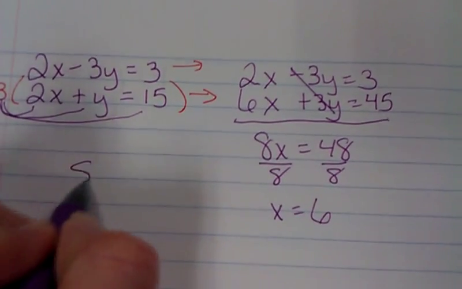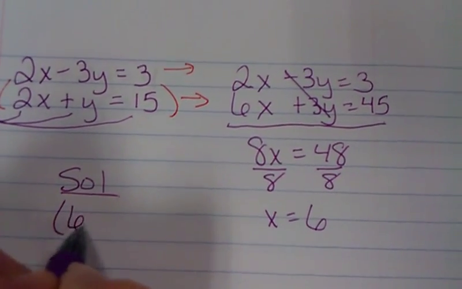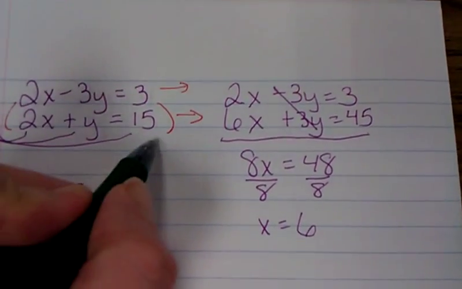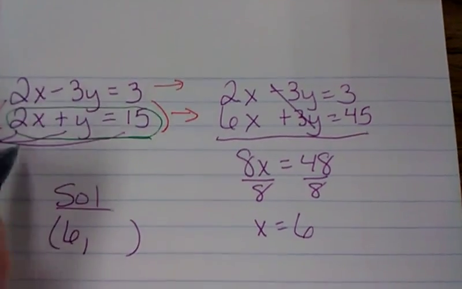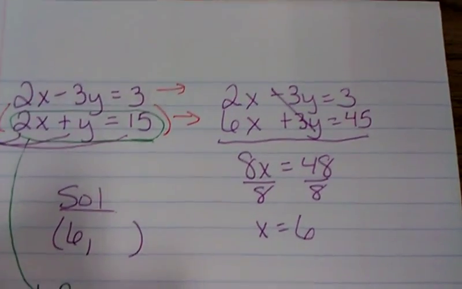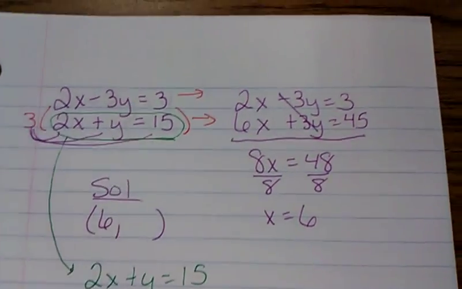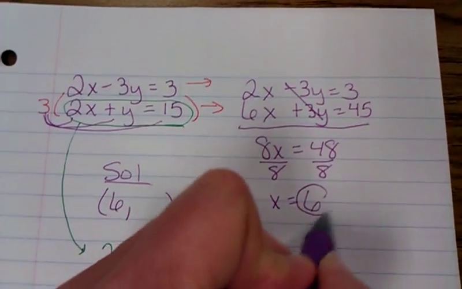Okay, so from here, my solution, x is 6, and y, I don't know what it is right now. So I'm going to take this right here and bring this down. I have 2x plus y equals 15. X is 6.